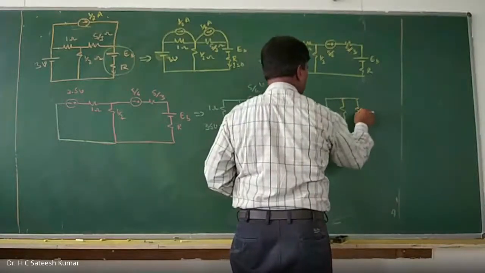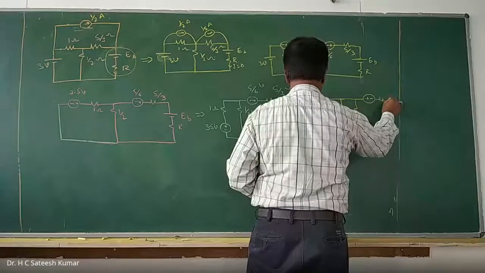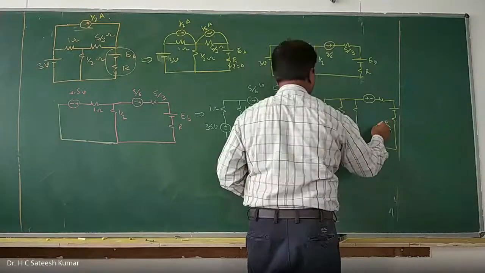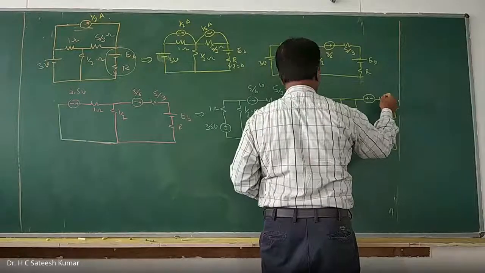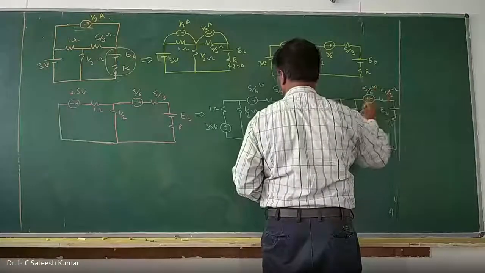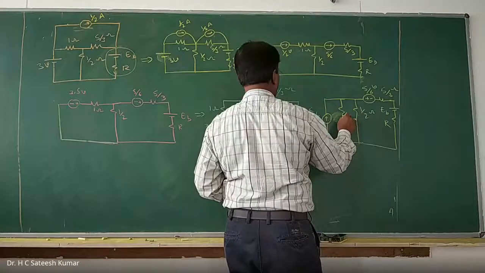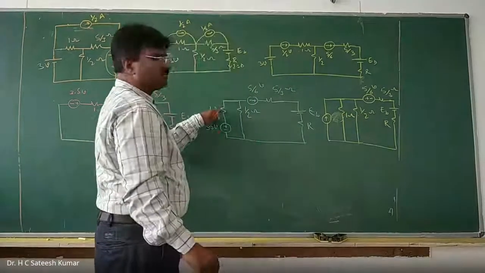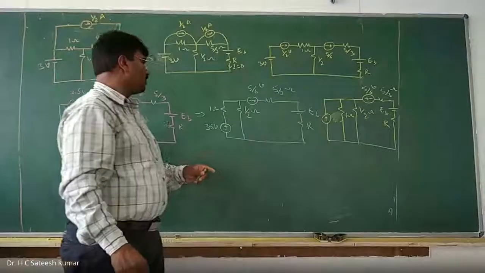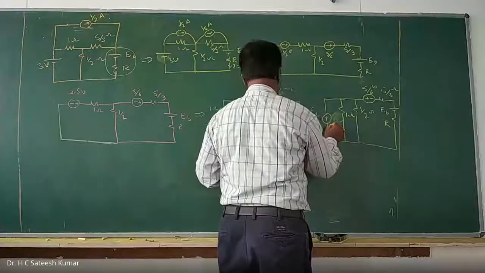Parallel to that one more resistance, and there is a power supply plus minus, and there is a resistance R, EB, and 5 by 3 ohms, and 5 by 6 volts, half ohms. This one will be 1 ohm, because a voltage source in series with the resistance will become a current source in parallel with the resistance 1 ohm, and I is equal to V by R, 3.5 divided by 1, 3.5 only. I is equal to 3.5 amps.